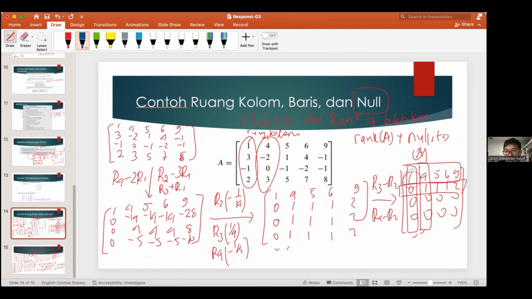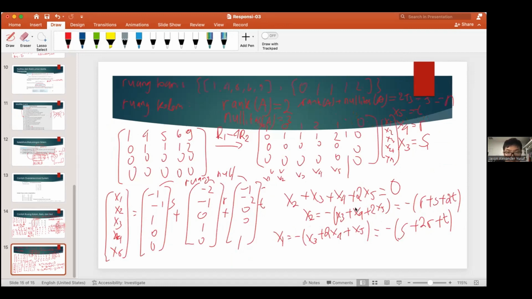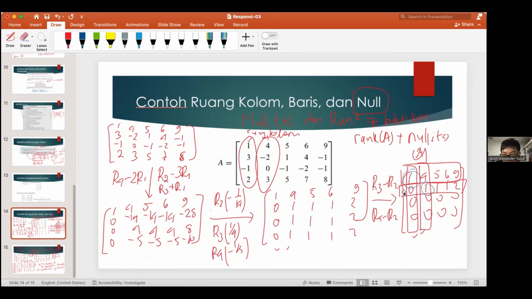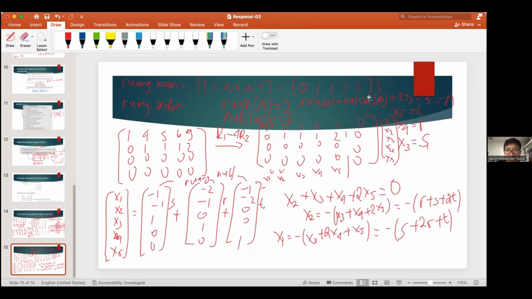The leading ones are here and here, in the first and second row and the first and second column. And so the column space are these 2 columns. The row space are these 2 rows. Okay. There, I've written it down for you.